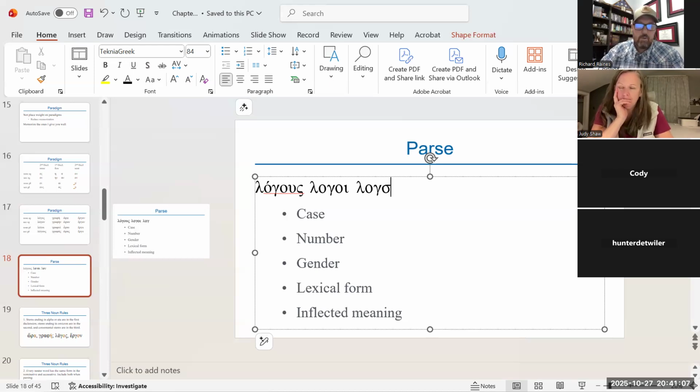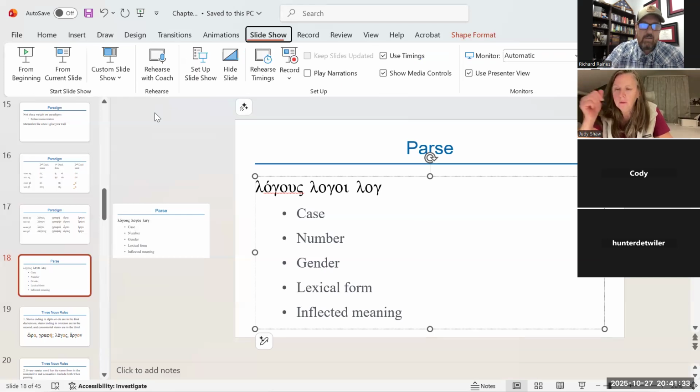Does anybody remember how to make the sigma? Anyway, just pretend like this is a sigma, that's the right form to end the word in.